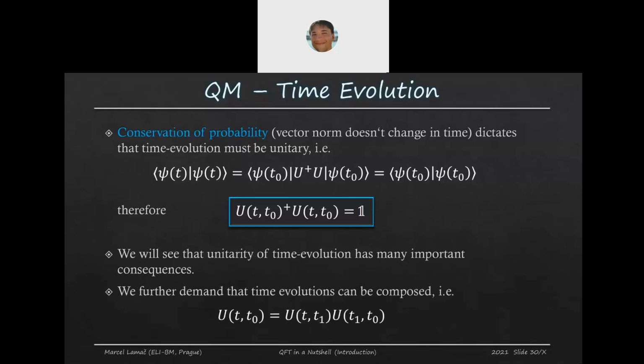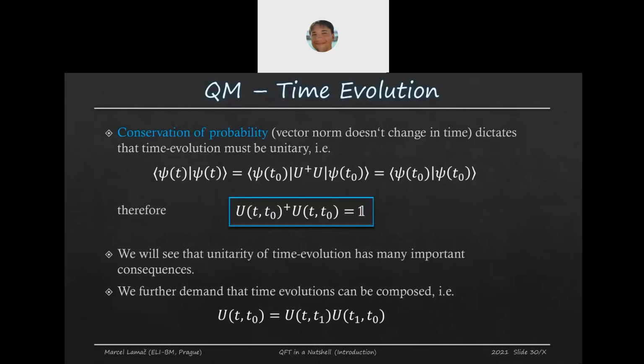It is also somehow natural to demand that the time evolution can be composed. For example, we can first evolve our state from some time t0 to some time t1 with one application of the time evolution, and then we can evolve the state from t1 to some time t, and it feels natural that this should be the same as just evolving the state directly from t0 to t.